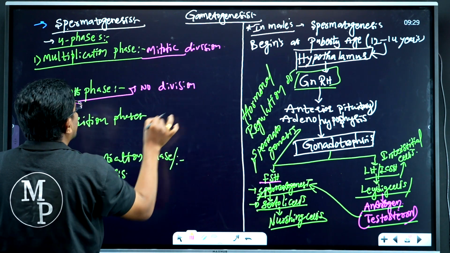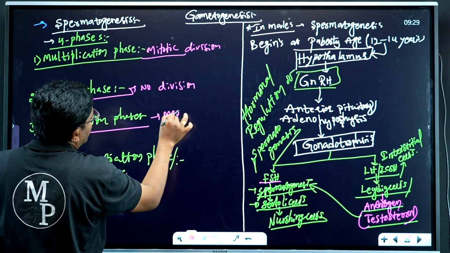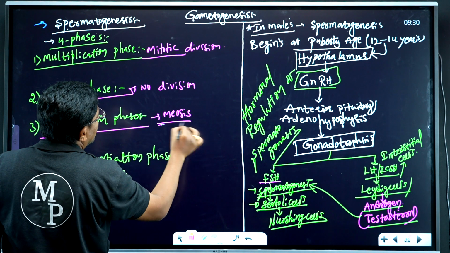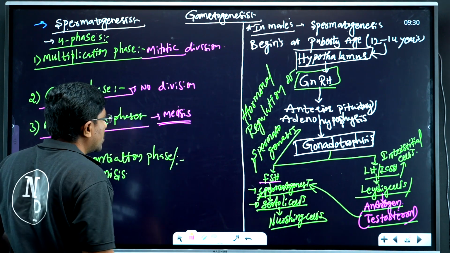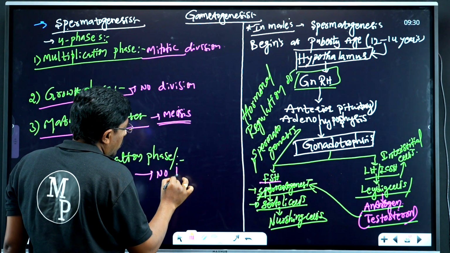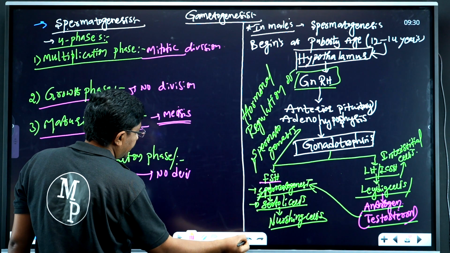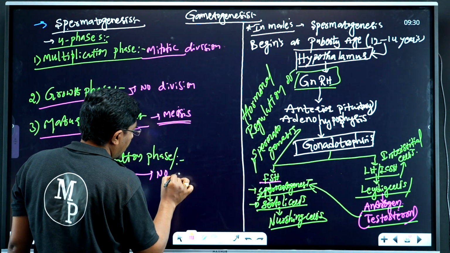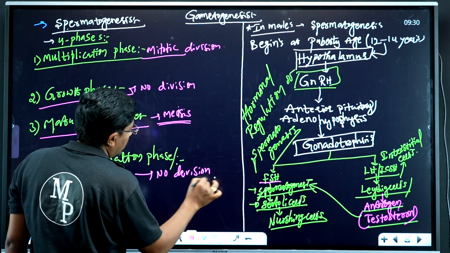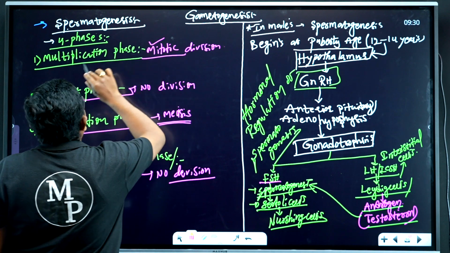In the maturation phase, there is the meiosis process. And in differentiation, again, there is no division. Mitosis occurs only in multiplication.